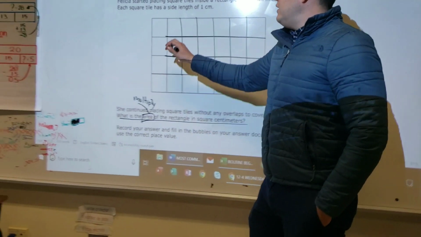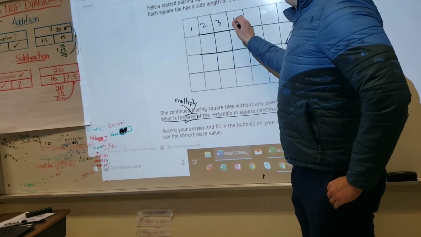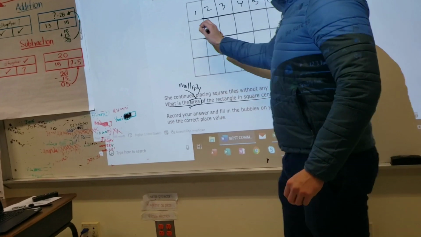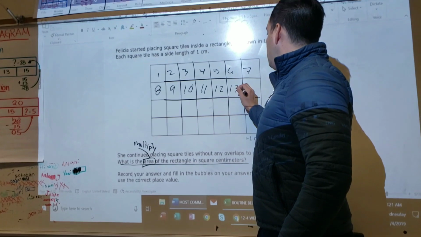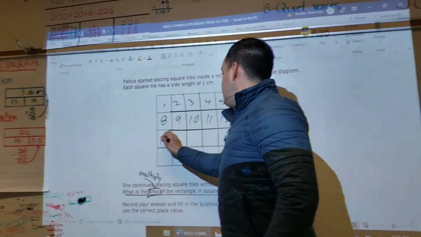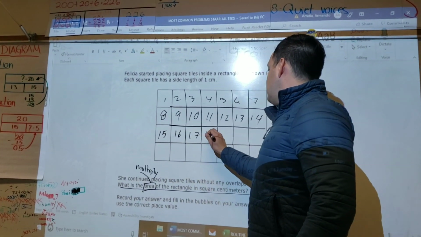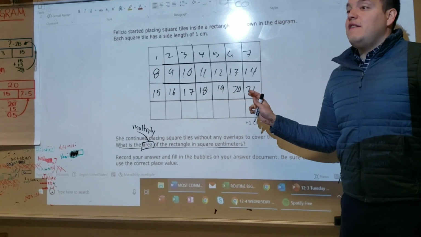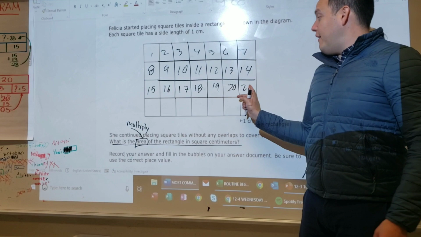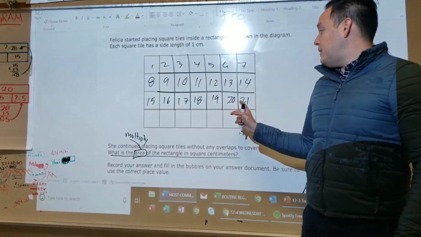Okay, let's count the squares. 1, 2, 3, 4, 5, 6, 7, 8, 9, 10, 11, 12, 13, 14, 15, 16, 17, 18, 19, 20, 21. Just be very careful, okay? Don't skip, porque I've seen some of you guys make this mistake.